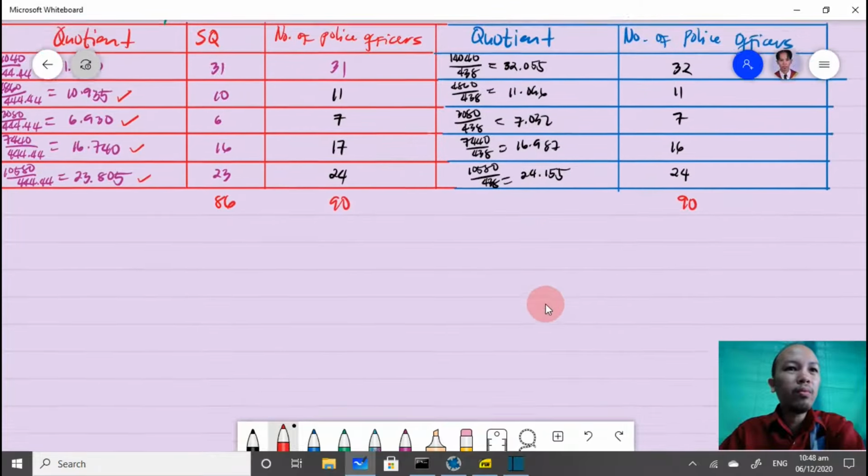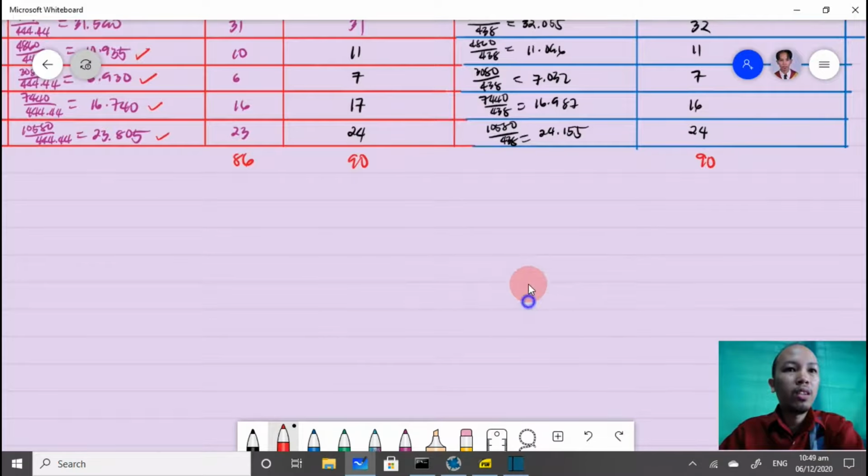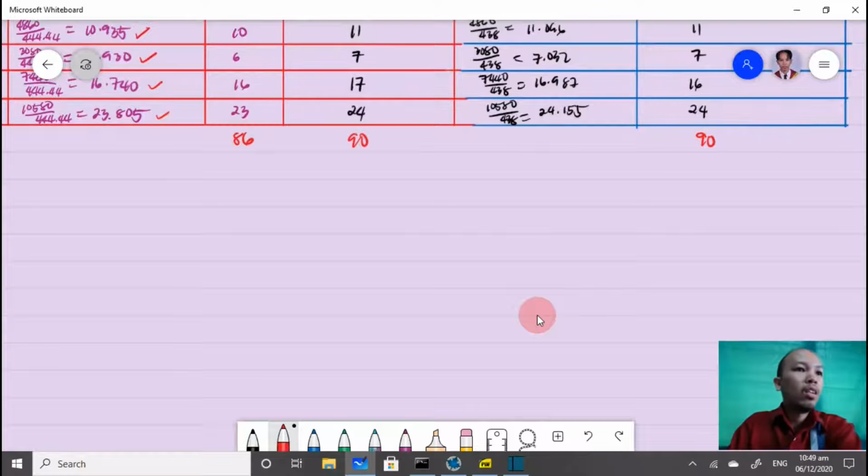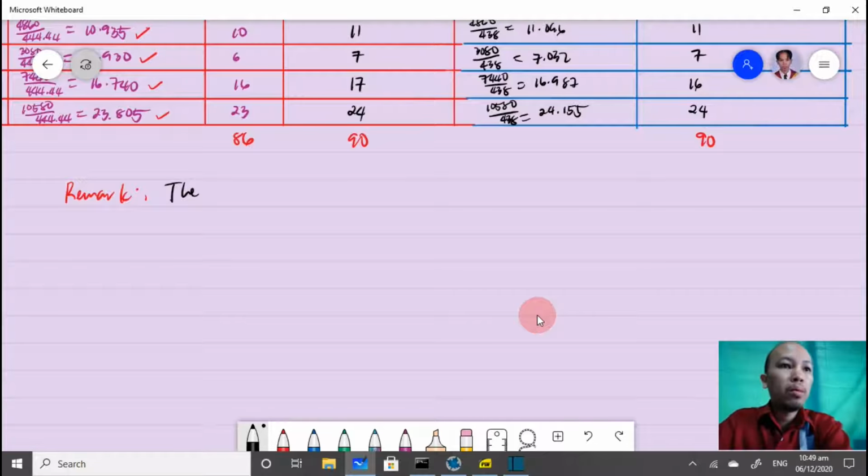So for this example, let's have a remark, not a note, a remark.